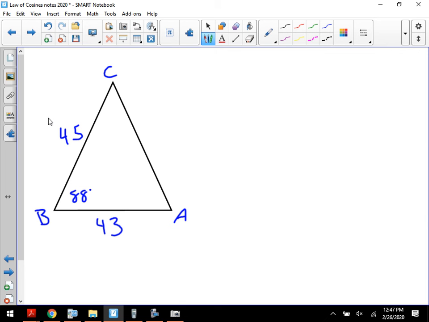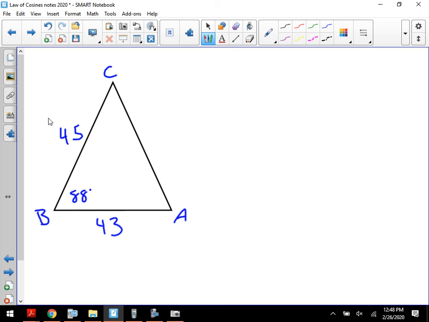What's weird about law of cosines is that it looks god-awful as we write it out. Once you do it a few times, you start to recognize the pattern within it, and it's really easy to break it into smaller chunks.